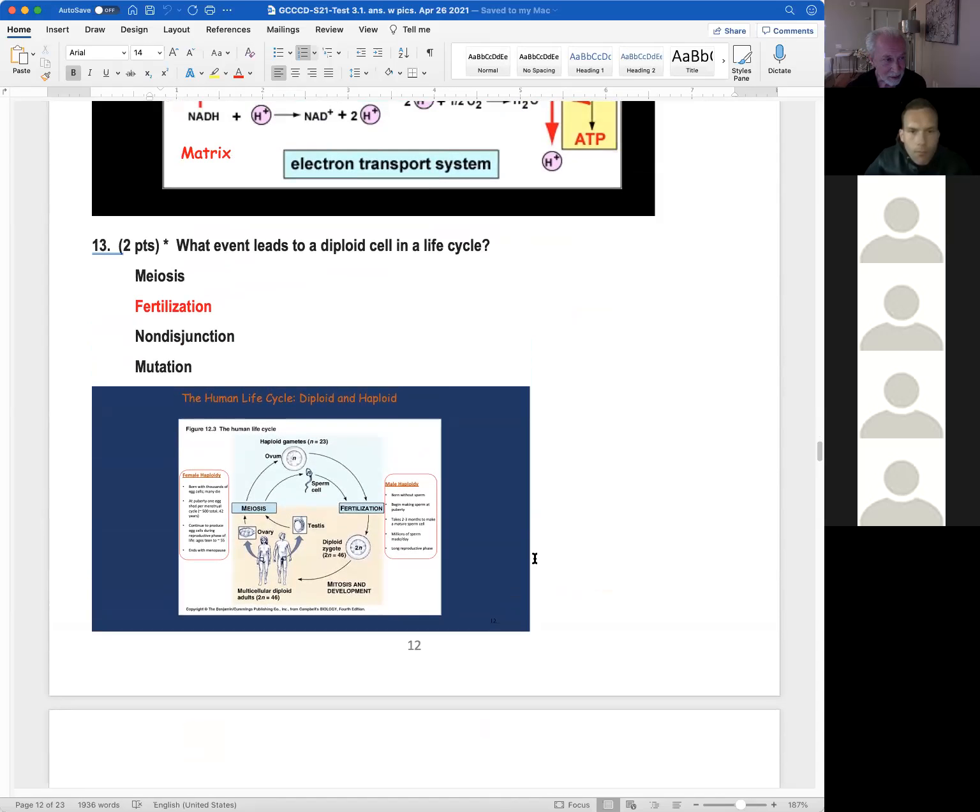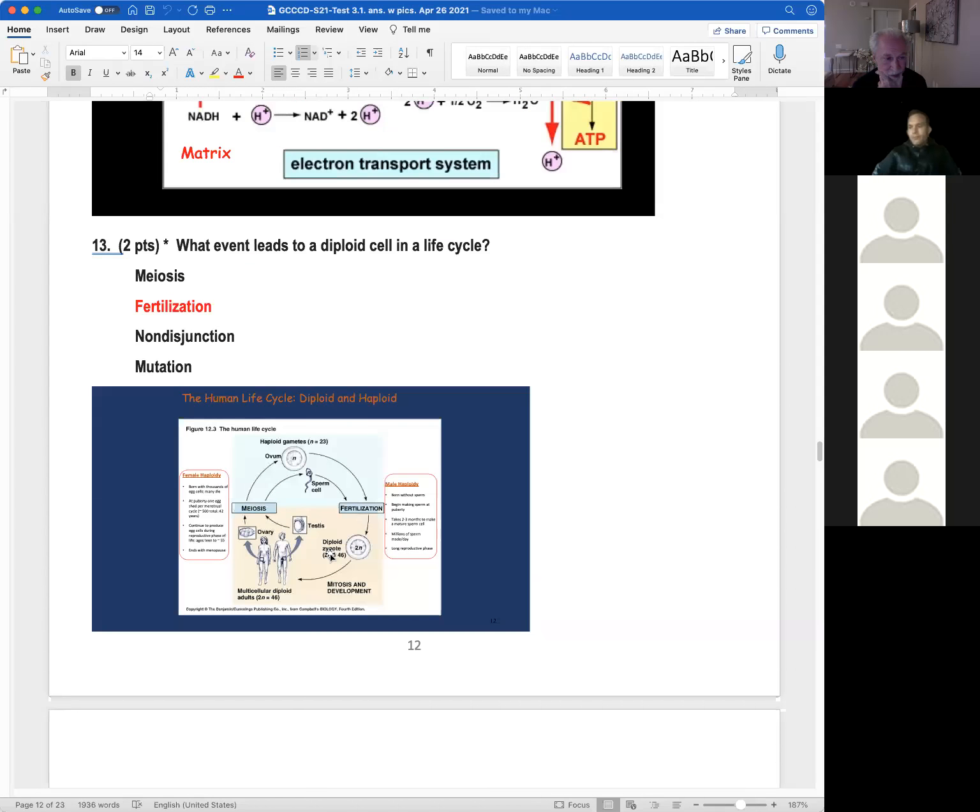Now, what event leads to a diploid cell in a life cycle? Well, if you refer to this figure of human reproduction, right at the top is an egg and a sperm. Now we know by definition that they are the products of meiosis, and therefore they are both haploid.